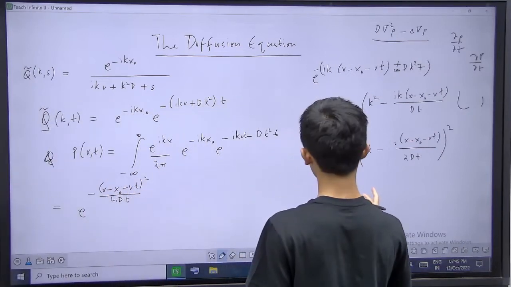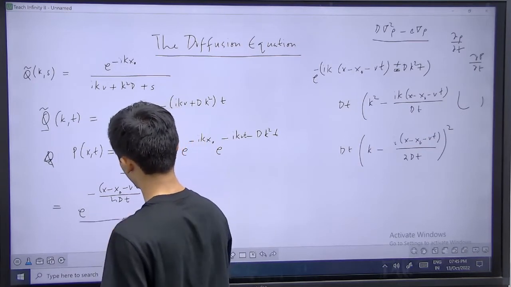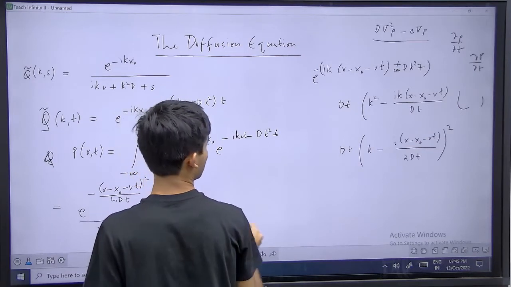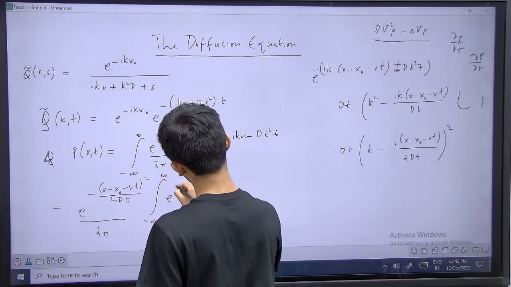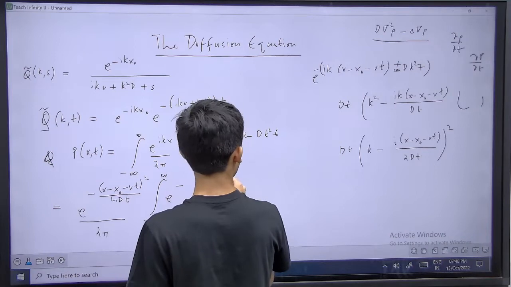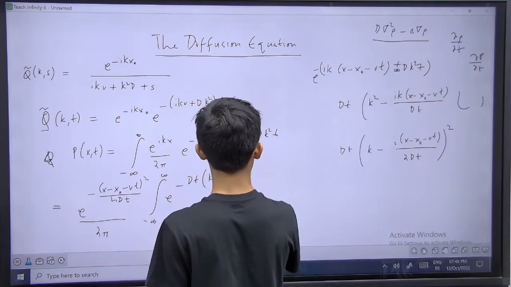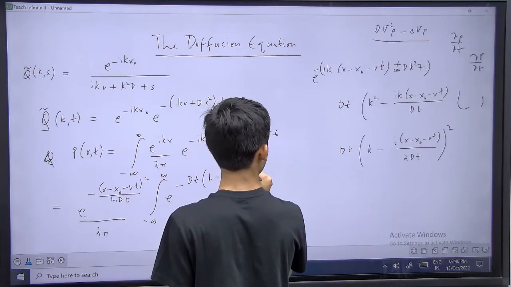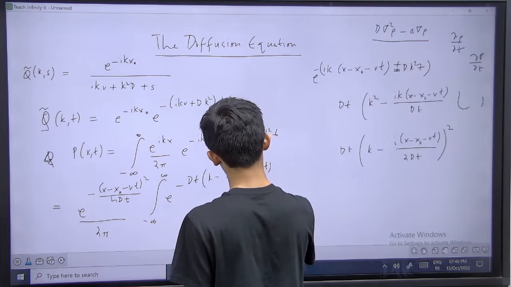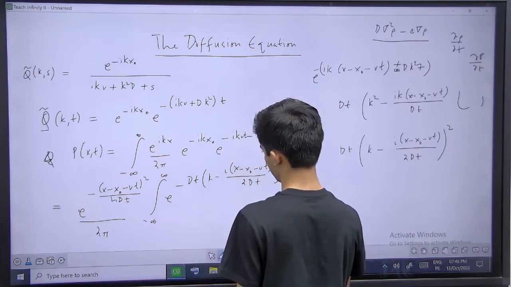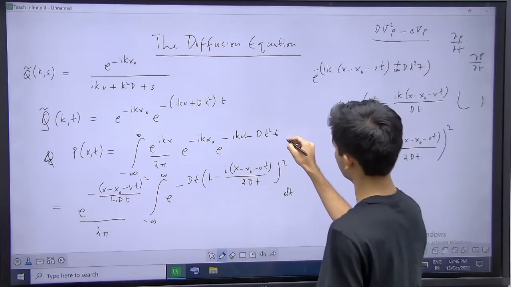And that comes out of the integral and over 2 pi of course, and e raised to minus dt k minus something square dk. I forgot dk.